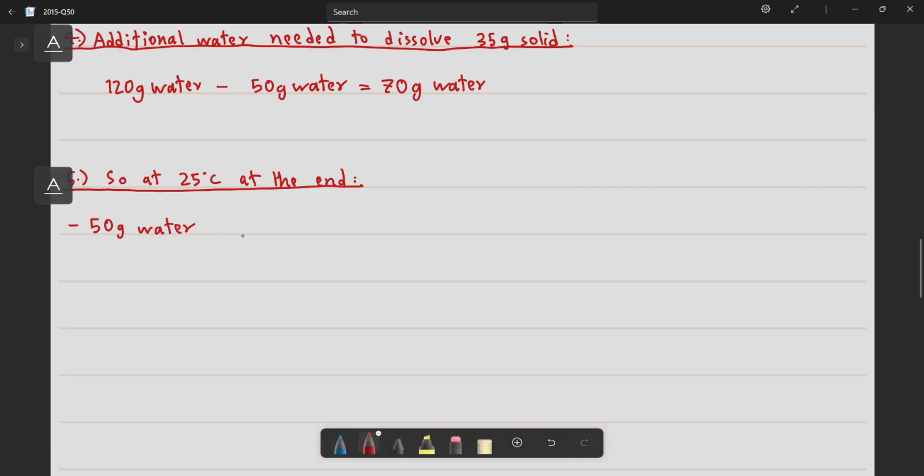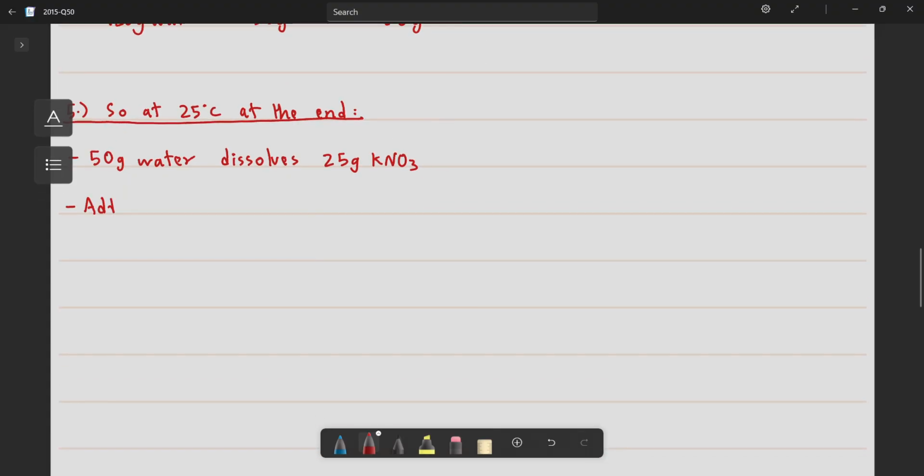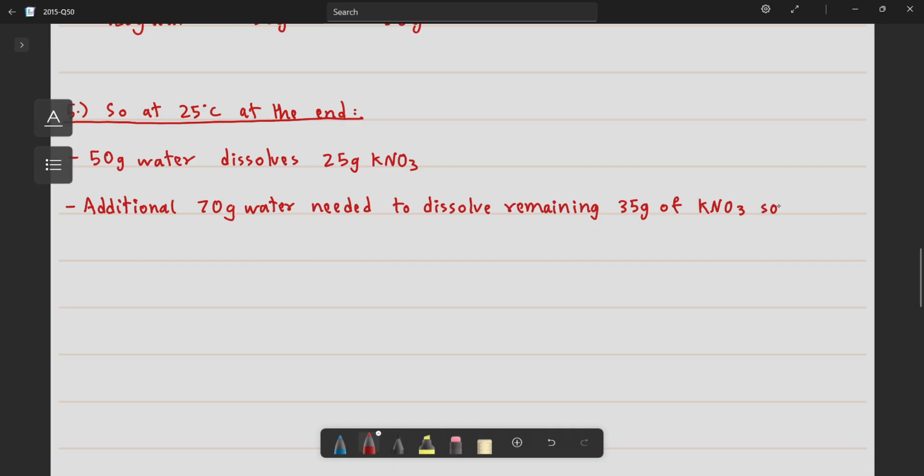So using 50 gram of water dissolves 25 gram of potassium nitrate, and then an additional 70 gram water is needed to dissolve the remaining 35 gram of potassium solid.